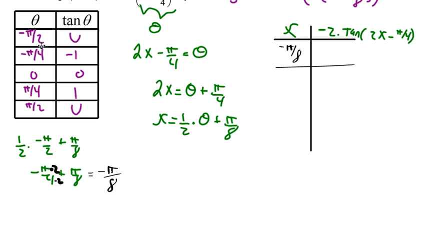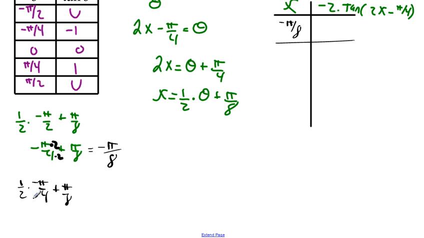We're going to continue the process here. I'm doing a half times theta, so a half times negative pi over 4, and then I'm going to add pi over 8. Negative pi over 8 plus pi over 8 gives me a whopping 0.